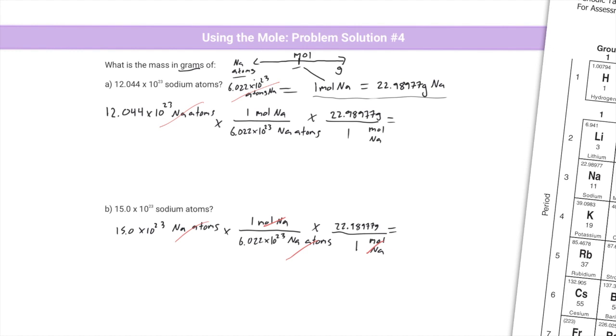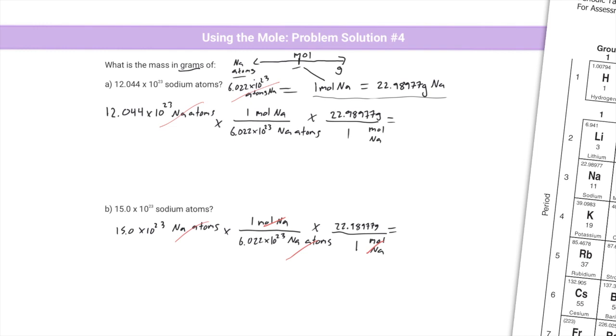Part A is 12.044 divided by 6.022 times 22.98977.